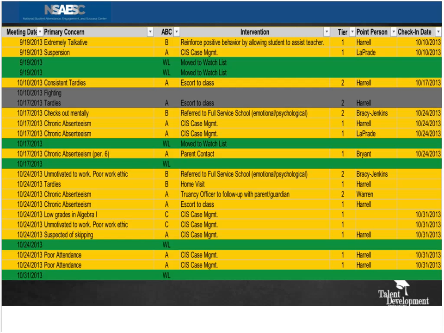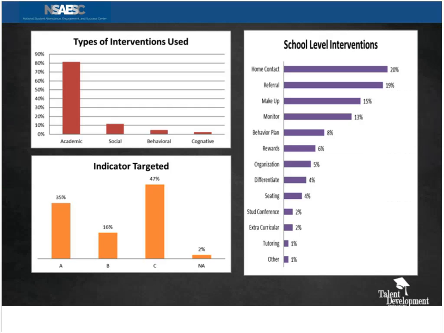So we can focus on that student maybe next semester to make sure that that student is still achieving success. But this is just another example of a way to track the interventions and to have that data to gather to create those charts and graphs before you actually have the intervention review meeting.